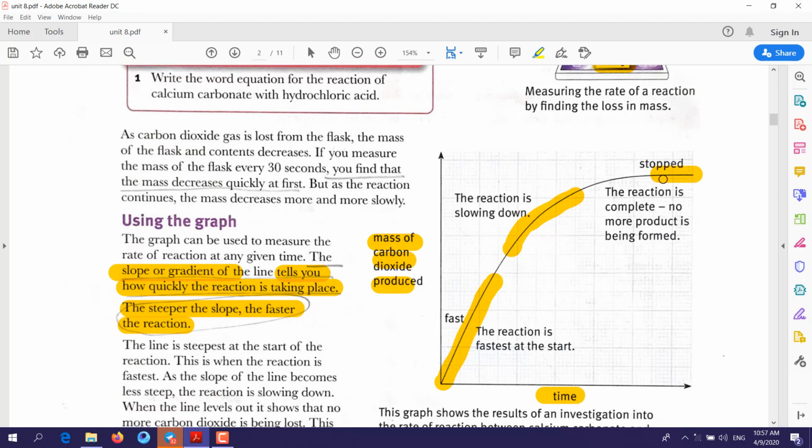Why? Maybe they will ask, how do you know the chemical reaction stopped? You will say because here the line stopped increasing.